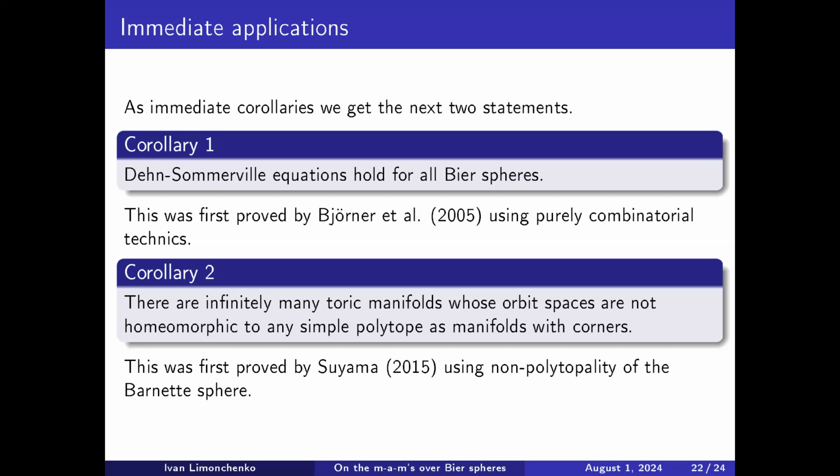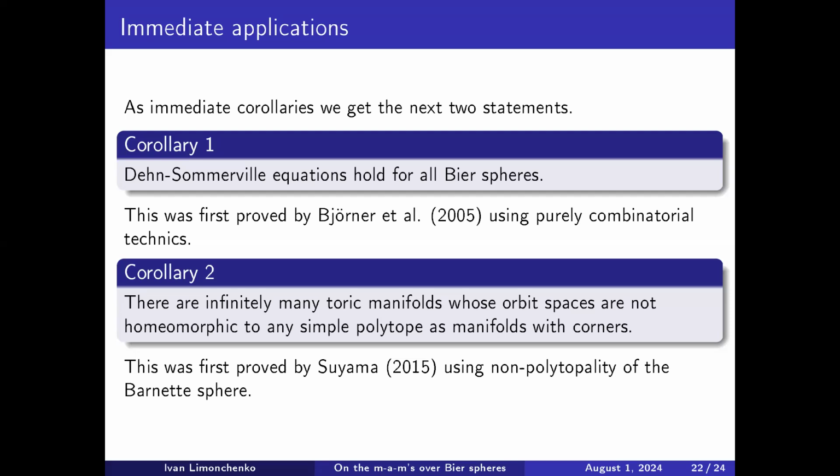And for Bier spheres, they were proved by Björner et al. in 2005 in a purely combinatorial way, using combinatorial enumerative techniques. But we just have an immediate consequence, a topological proof of Dehn-Sommerville equations for all Bier spheres.